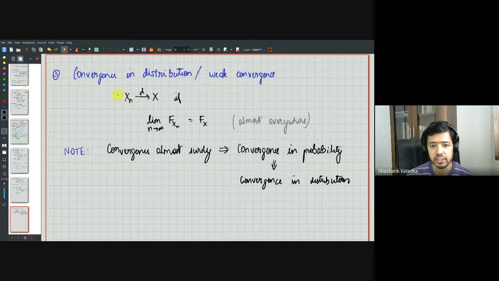So we'll say that a sequence of random variables xn converges in distribution to some other random variable x if the limit as n tends to infinity of the CDF is equal to the CDF of x. So as long as the CDFs converge to the CDF of x, and this need not happen for all points in the real line, as long as it happens for all points except for points of discontinuity.